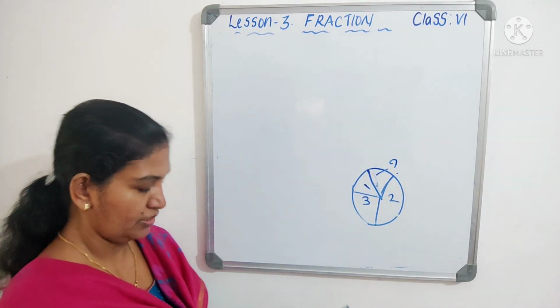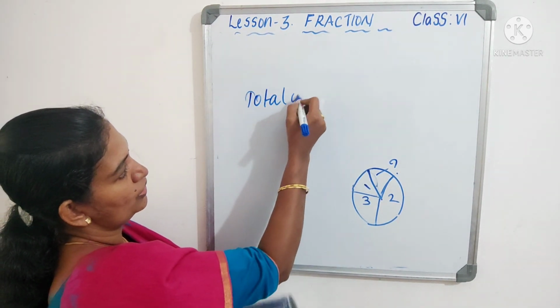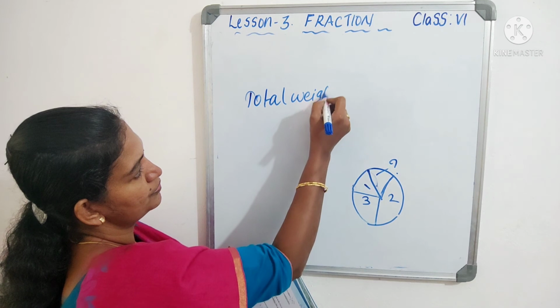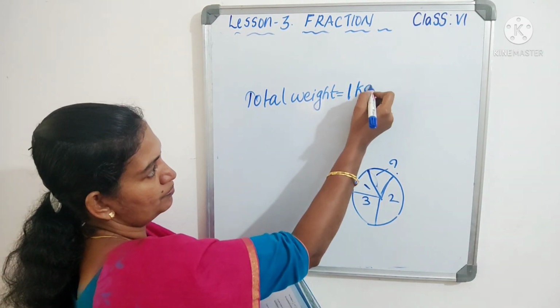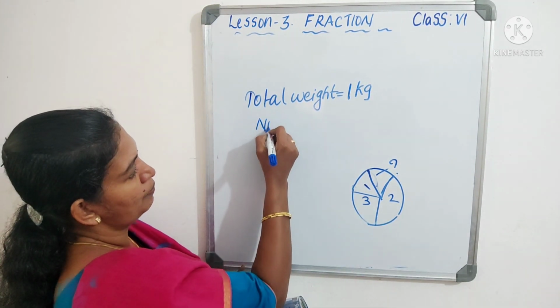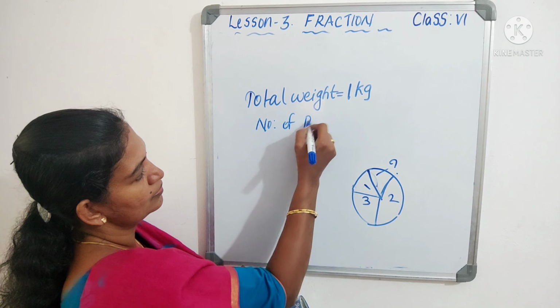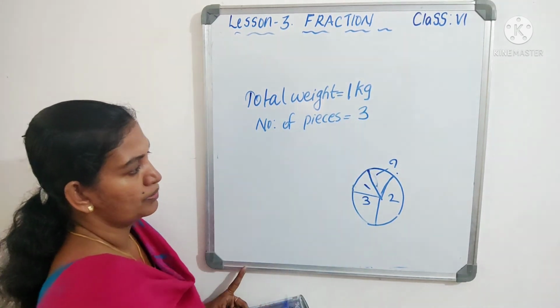So how can you find it? Total weight is 1 kilogram. Number of pieces is 3 equal pieces.